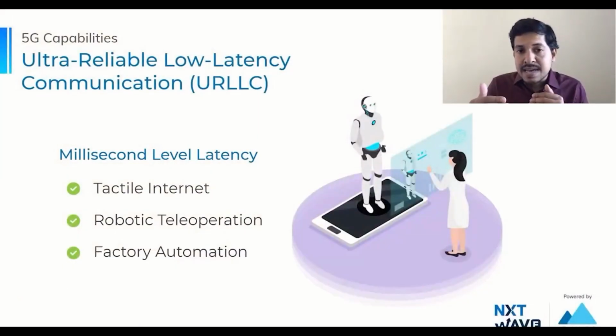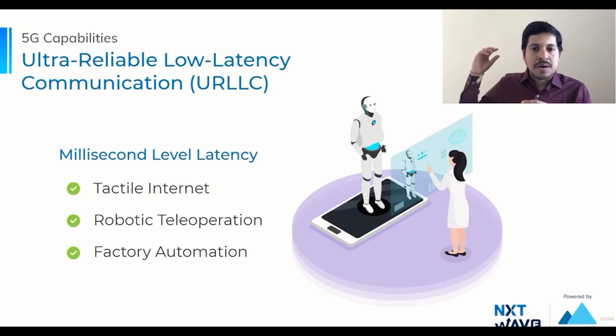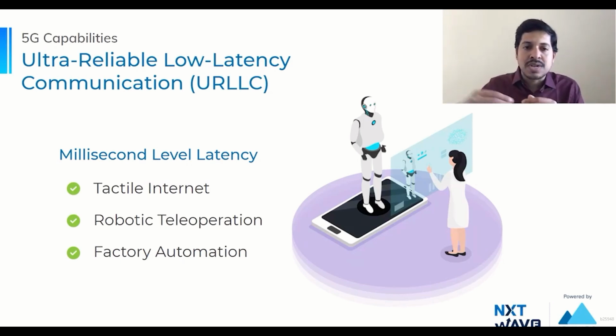And that is a capability that is not supported by mobile networks today. 4G networks do not support such low latency communication. However, such low latency communication, millisecond level connectivity latency from some remote location to a robo, is needed for enabling use cases around robotic automation or factory automation or teleoperation. And that is the second capability.